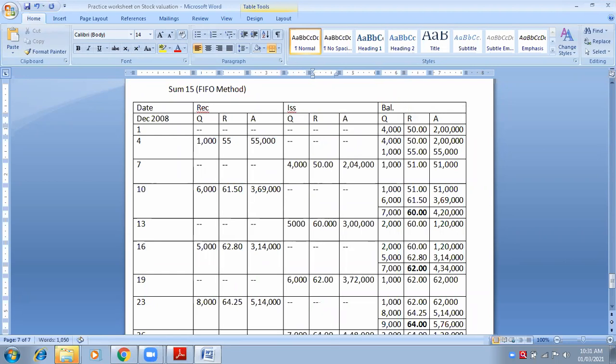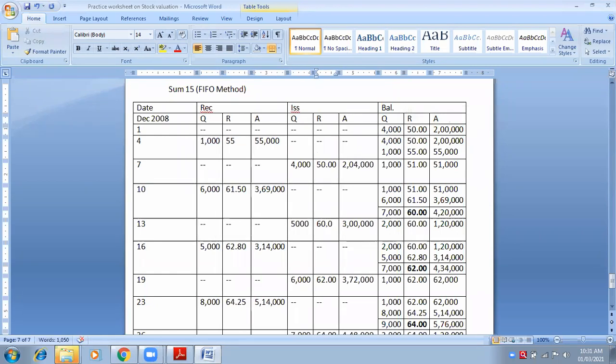Now, tell me, 4,000 into 50 will be how much? 2 lakhs. Very good. Now, what is left over is only 1,000 because 4,000 is gone. 2 lakhs minus 2 lakhs is 0. So now only 1,000 is left over at the rate 55 and the amount is 55,000.